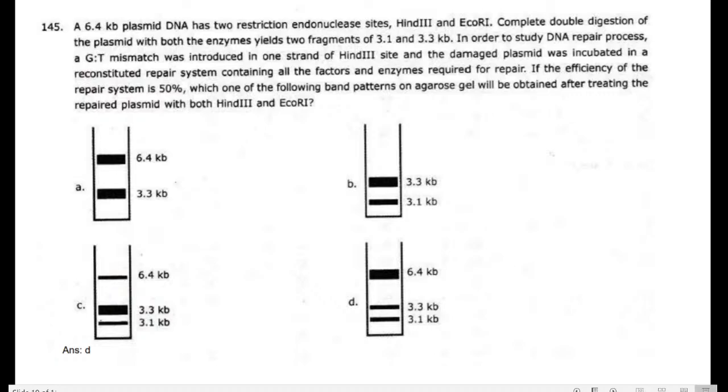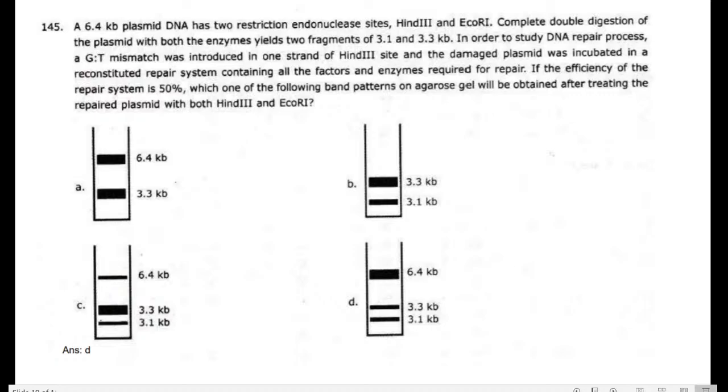In order to study the DNA repair process, a G-T mismatch was introduced in one strand of the HindIII site. The damaged plasmid was incubated in a reconstituted repair system containing all factors and enzymes required for repair.